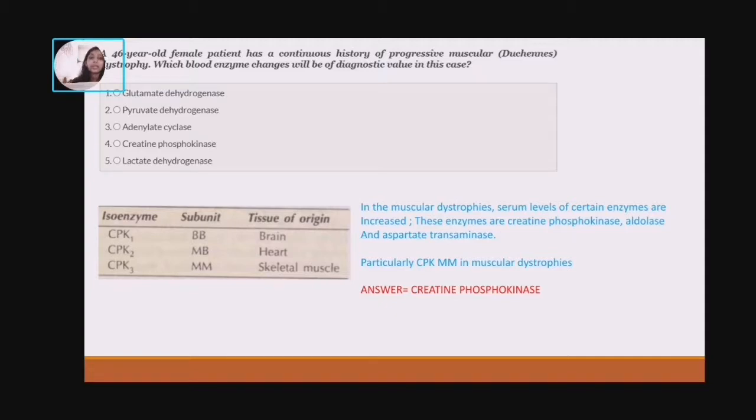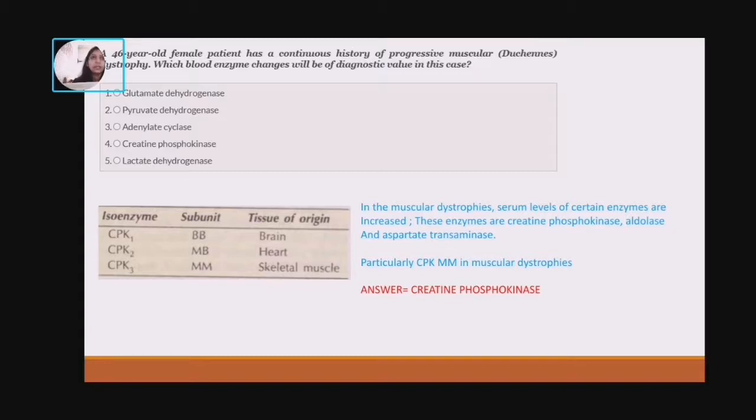But I already mentioned that creatine phosphokinase has 3 isoforms. What are the isoforms? CPK1, CPK2, CPK3. Here in the figure you can see that we mentioned the subunits like BB, MB and MM. We name it according to the tissue of origin. The last isoenzyme, CPK3 (MM), has skeletal muscle as its tissue of origin.